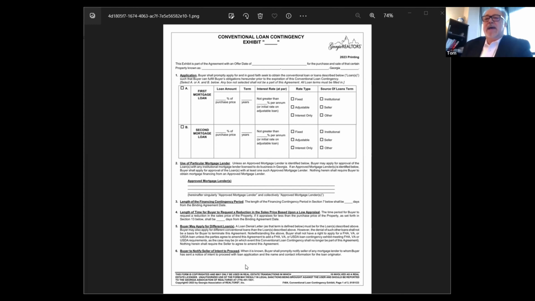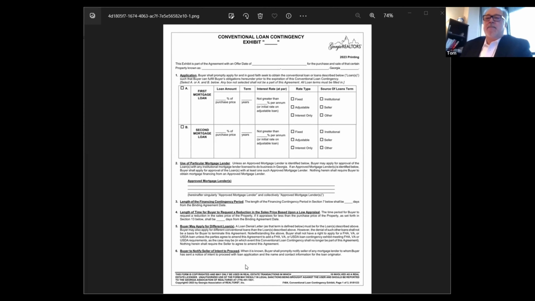Okay, so best practice here, guys, is that we need to send on the GAR form notice. We need to send this information, and then if you will get with your lender, the buyer has to sign a form stating of their notice of intent to proceed before the appraisal or anything can be ordered.